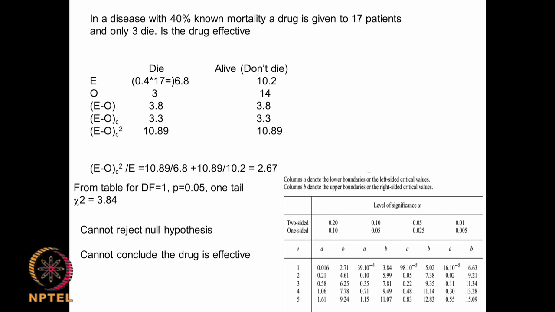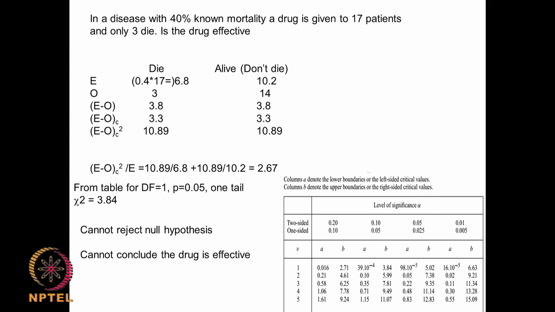Once you calculate the difference between expected and observed, you use the absolute value and then subtract 0.5, that is the Yates correction, so the corrected difference is the same on both sides. After that you square them, divide each by the expected, and add them up to get the corrected expected minus observed squared by expected.